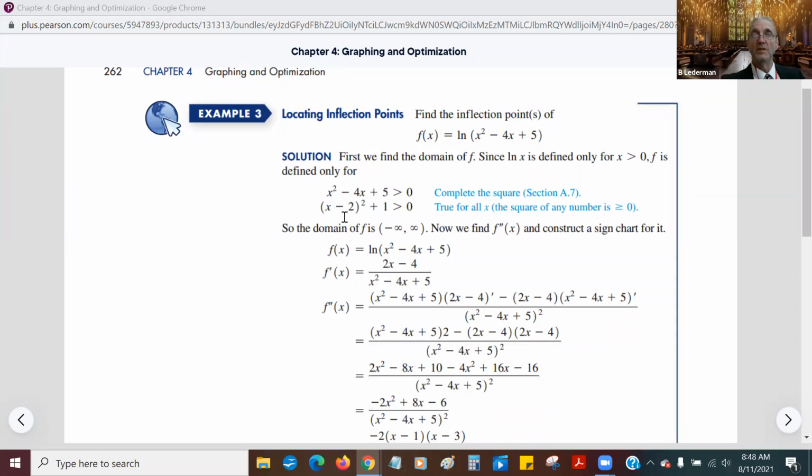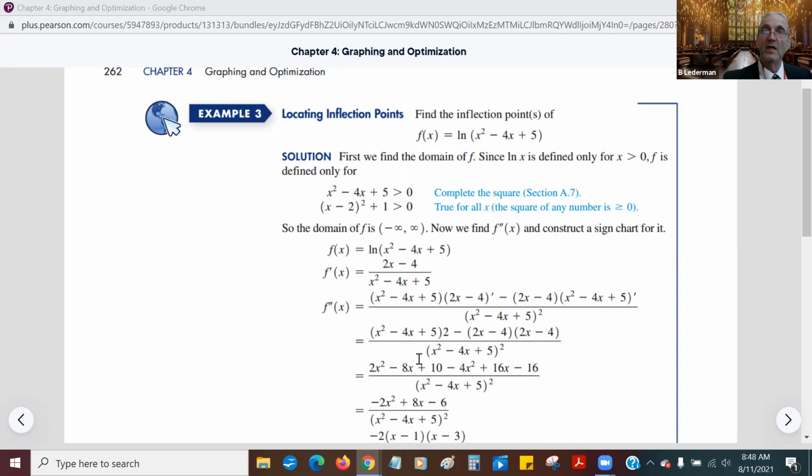It could be 0, but it's never negative. Even if it is 0, I always have the plus 1, which makes it positive. So this inner part is always going to be positive. If you graph it, it will be a parabola that's up in the air, and it never touches the x-axis. And in fact, don't take my word for it.